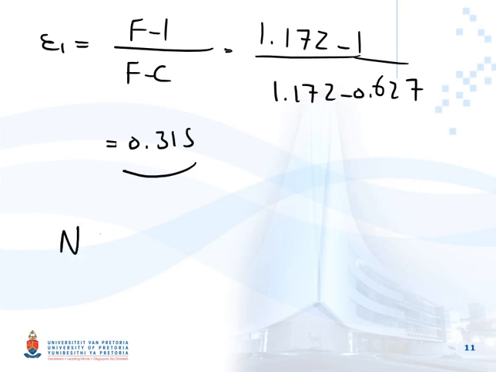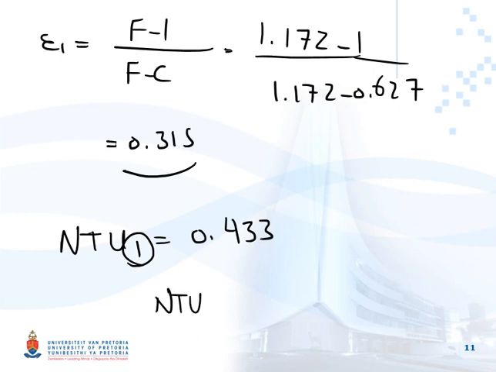So NTU 1 is equal to 0.433. For multiple passes, NTU 2 is 2 NTU 1, but if it was 3 shell passes it would be 3, and 4 shell passes it would be 4.